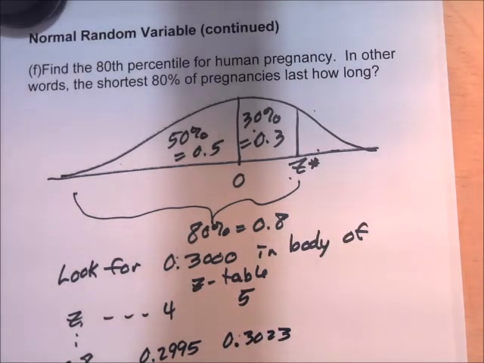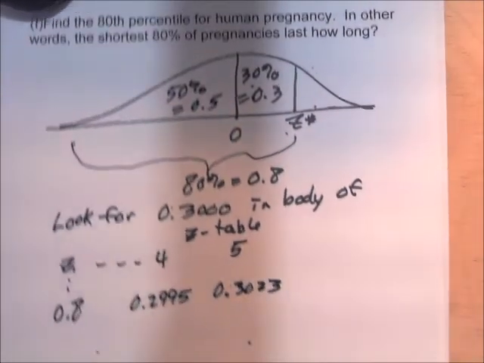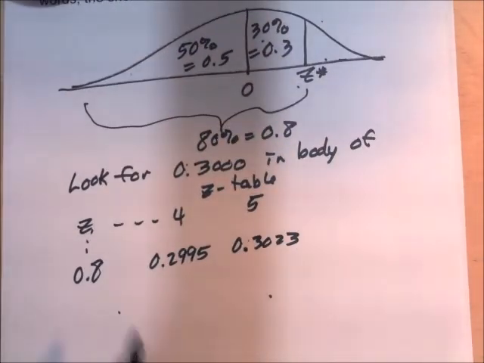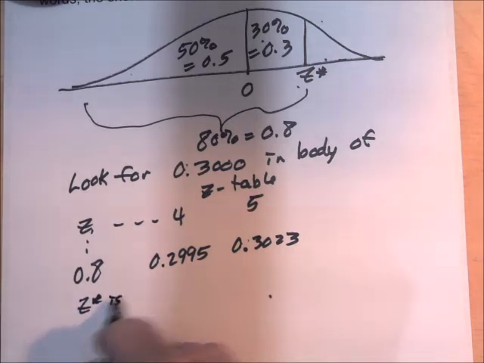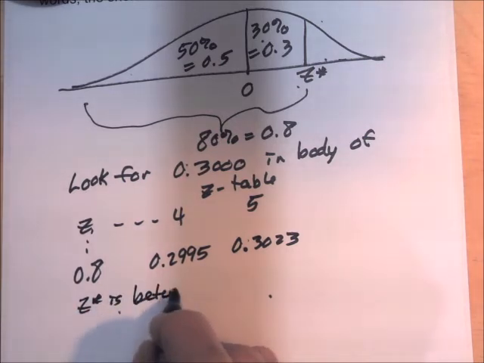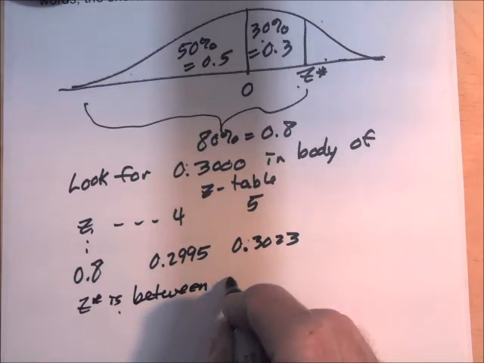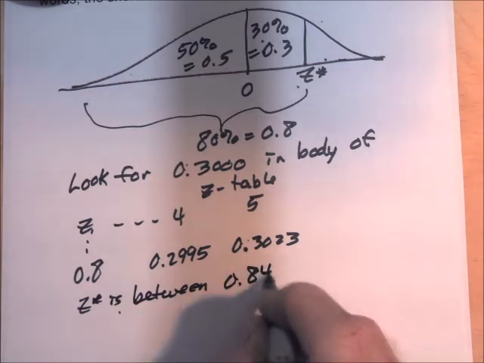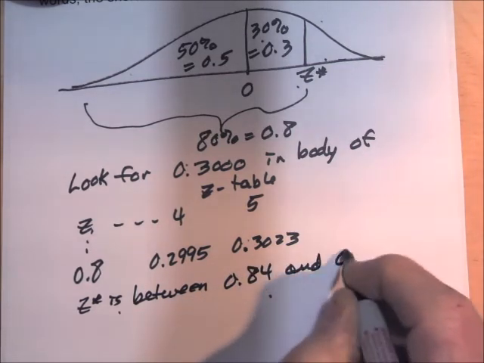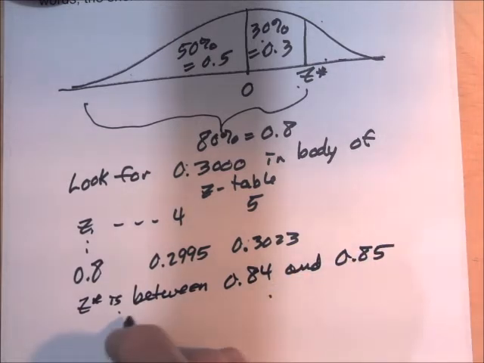Okay, so our z star is between 0.84 and 0.85, but closer to 0.84.